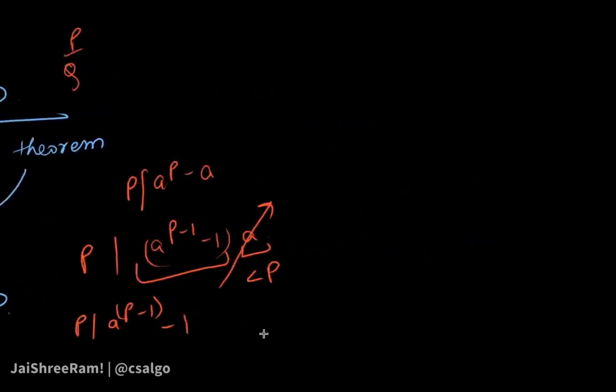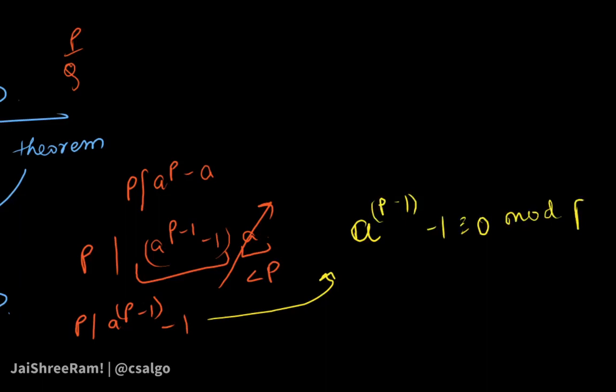Now if this is true, then let's look at what this means. P divides a to the power P minus 1. So we can write it in this way, mod P, right? P divides this is the same as this, right?